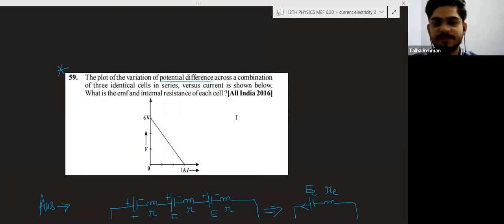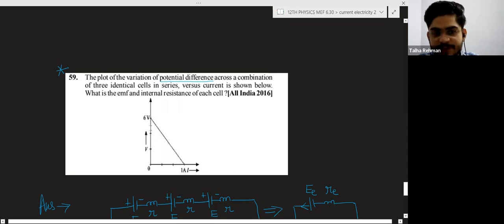This graph is between the potential difference on the y-axis and the current on the x-axis. Just suppose you are at the origin. When you are at the origin, the value of current is 0.